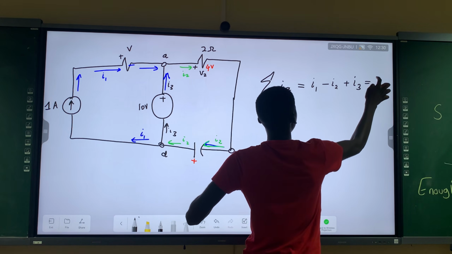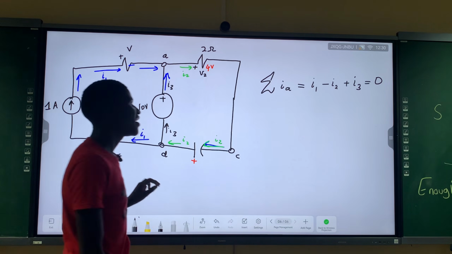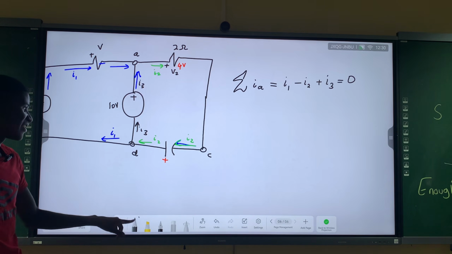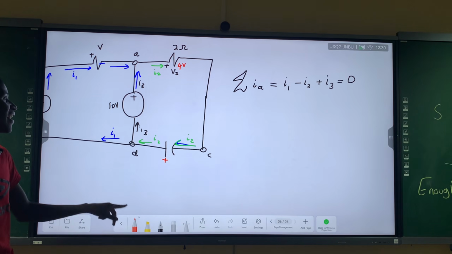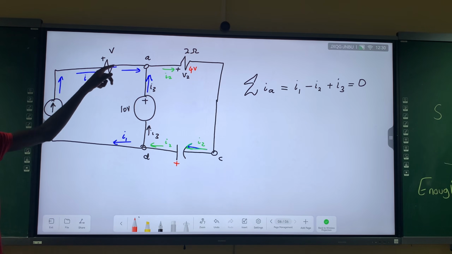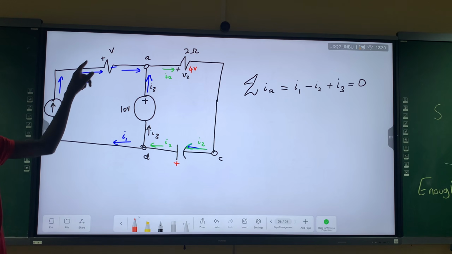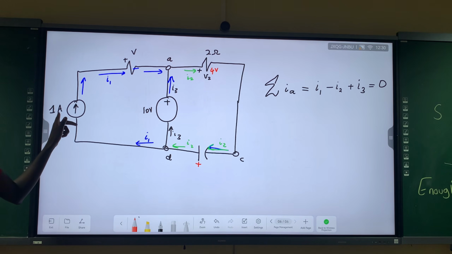Now, all of this must give us 0. You just substitute your currents in this case. Let's see if we have the currents. Here we know I1, the current going through this first resistor. It's 1 ampere.